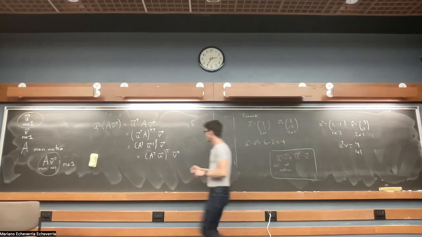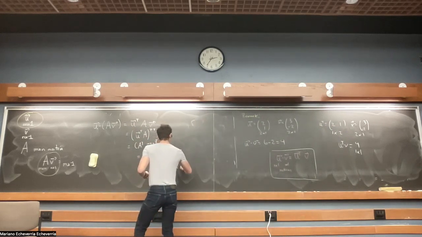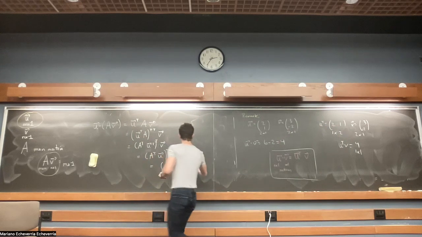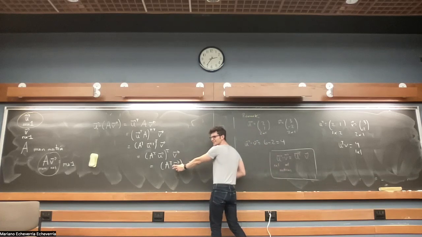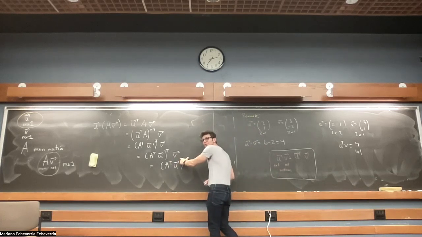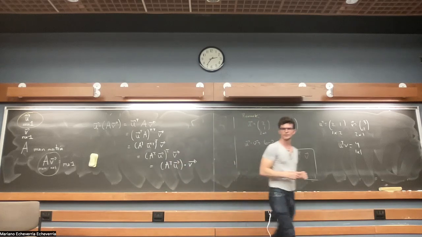So this is the same as A transpose U dot V. Because again, it's easier to start with this side. If you start with this side, when you do a dot product, you're just supposed to transpose the first factor, which is what I'm doing here. Is that okay?